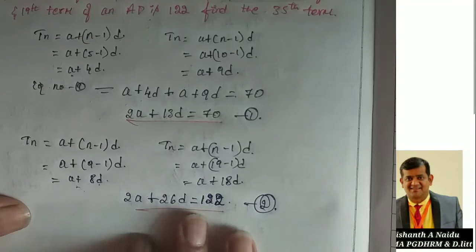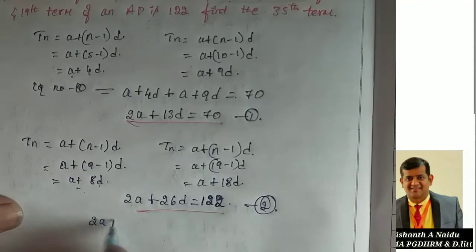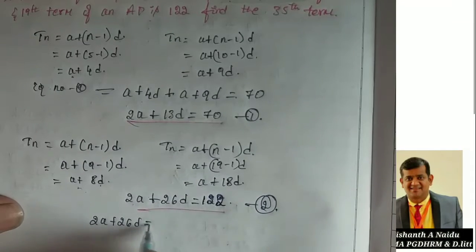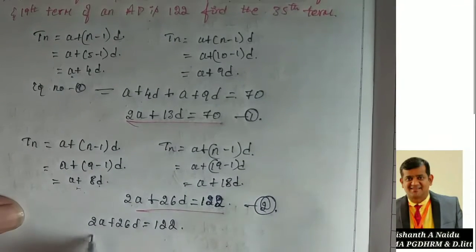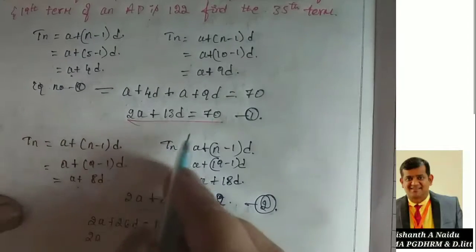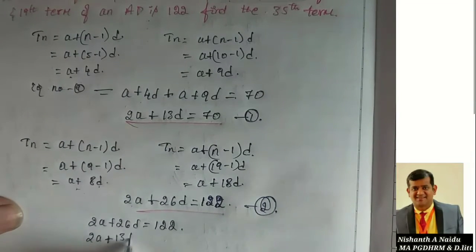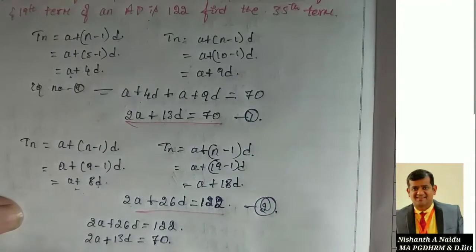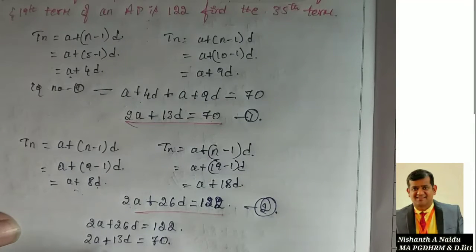Okay, so let us use the equations now. Greater one is 122. So 2a plus 26d equals 122. Same way, 2a plus 13d equals 70. Subtract.